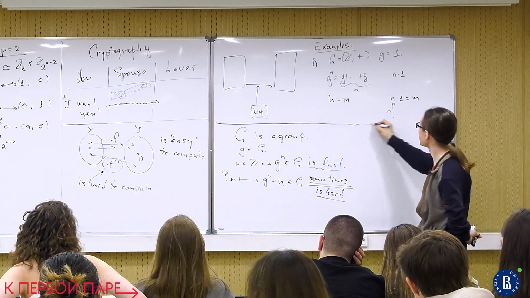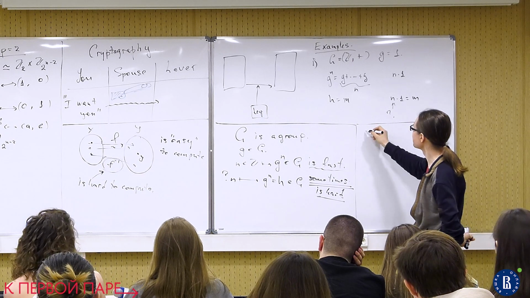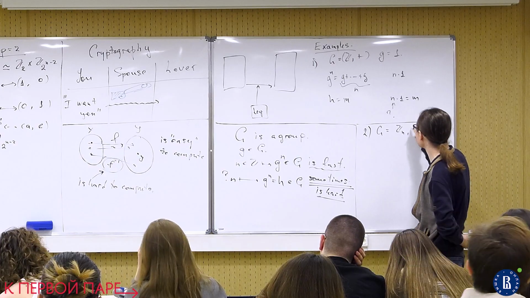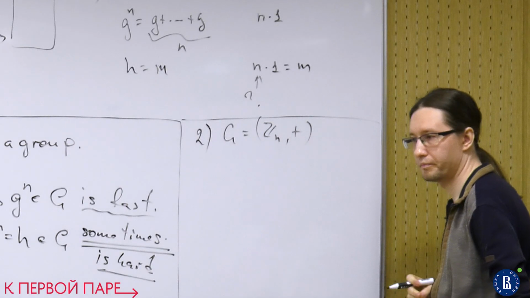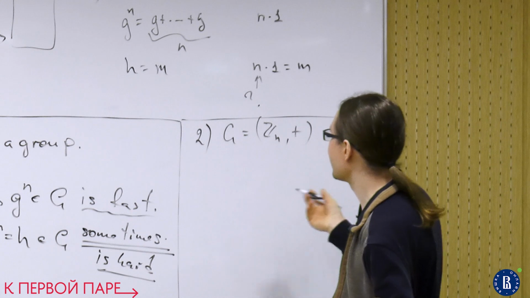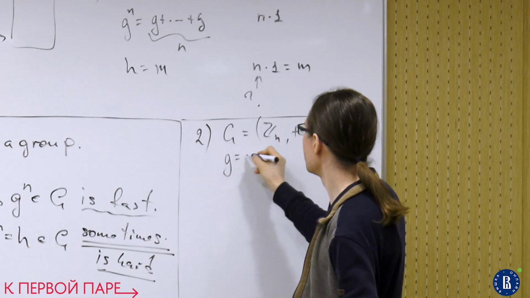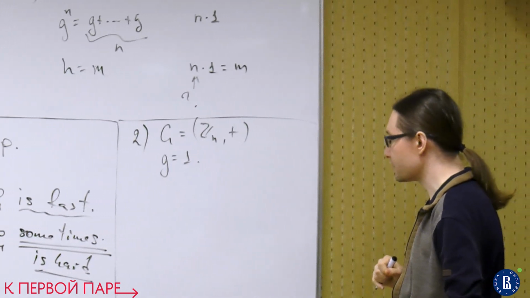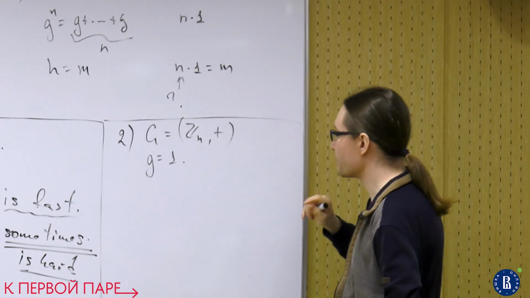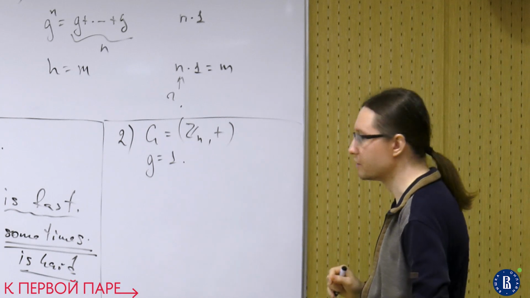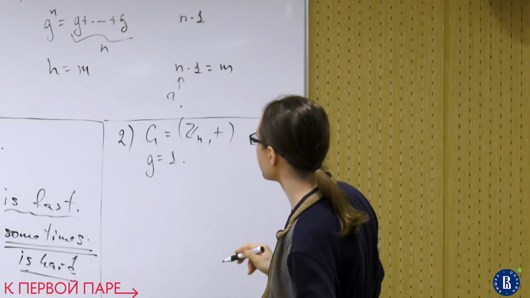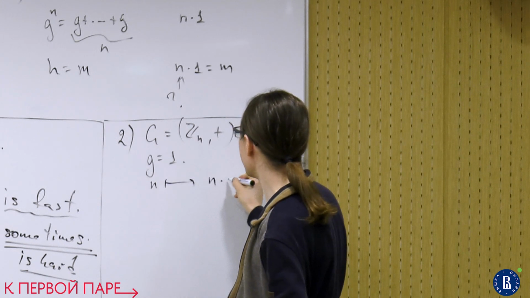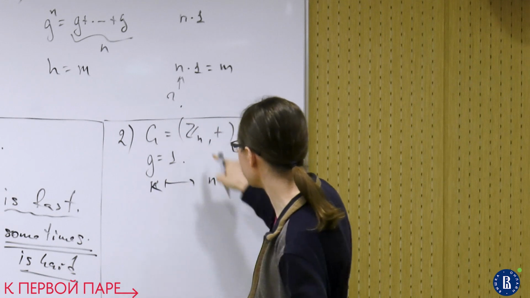Now, another example where the computation is not hard. The same thing happens when you take Zn with addition. Let's say again, here g small is 1. Well, there are maybe other generators here. Every integer coprime with n will be a generator, but let's take g being 1 in this particular case. Again, raising to a power will be multiplying by, let's say, k, because n is already taken here.